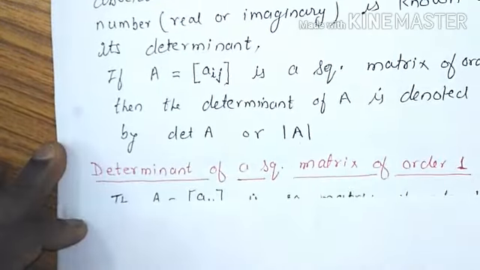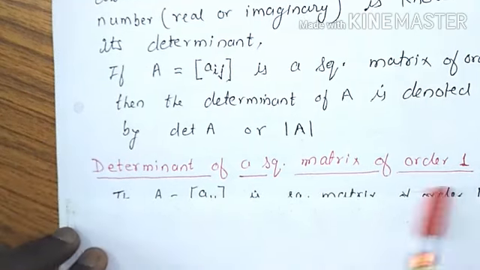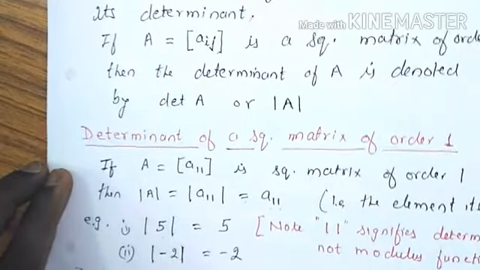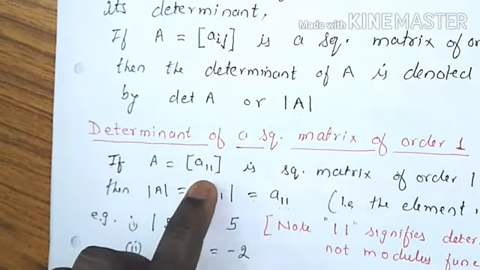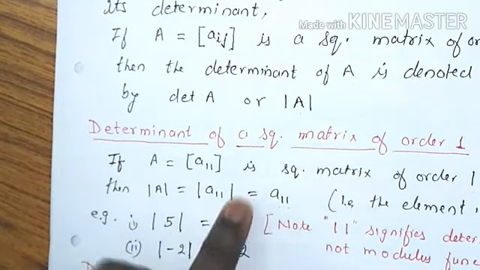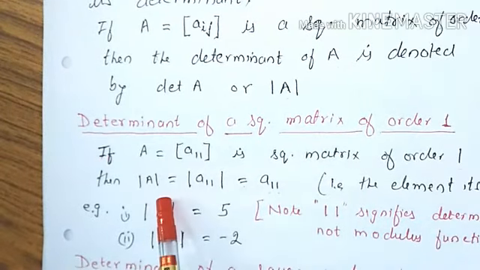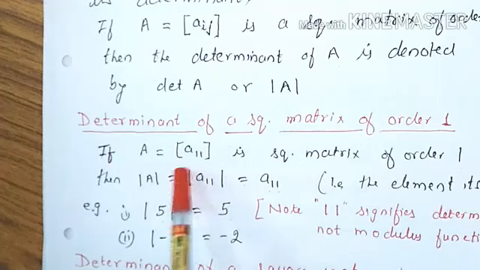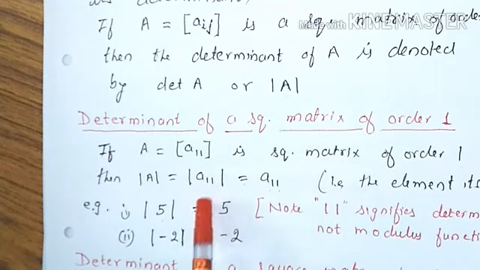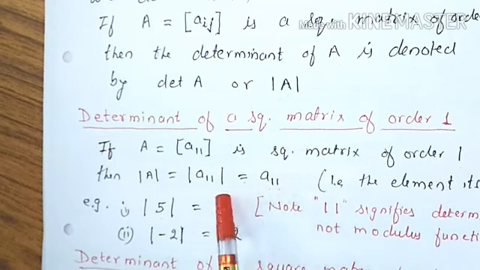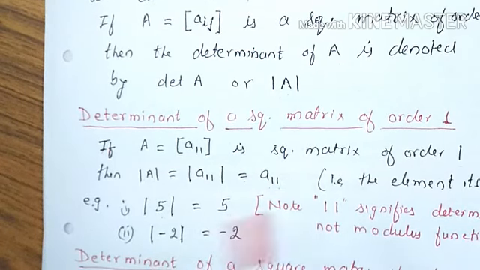Now, the determinant of a square matrix of order 1. If A with the element A11, only a single element, is a square matrix of order 1, then the determinant of A is written as the determinant of A11, and the answer will be the number itself. The same element will be the determinant.